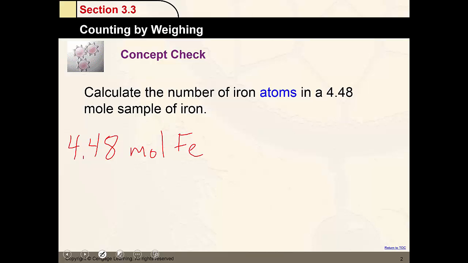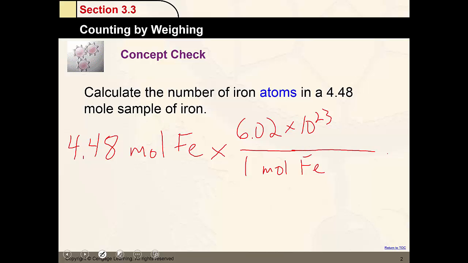So we use our conversion factor. We know for every 1 mole of anything, and specifically 1 mole of iron, is equivalent to Avogadro's number of atoms.